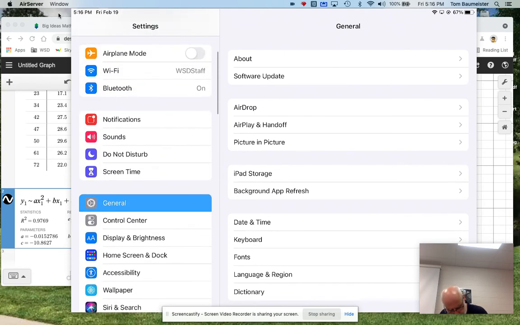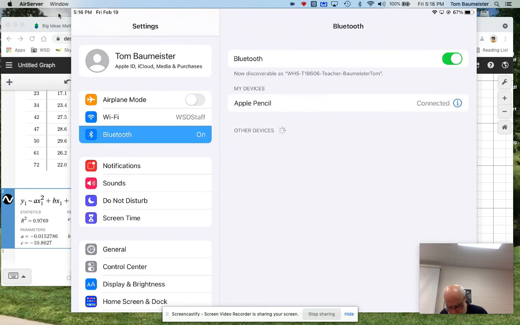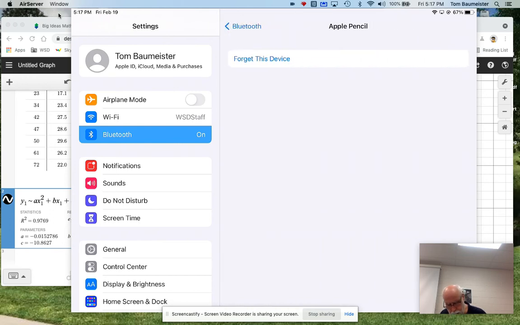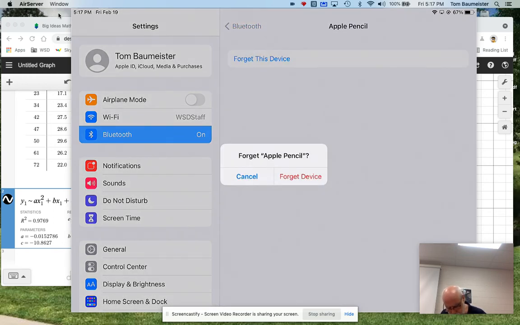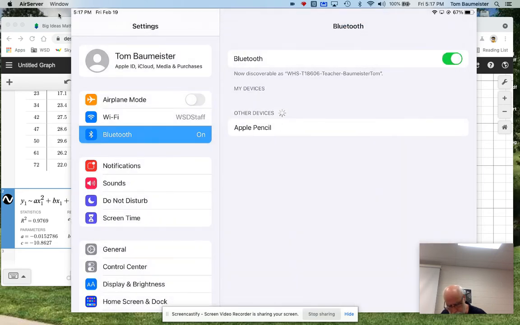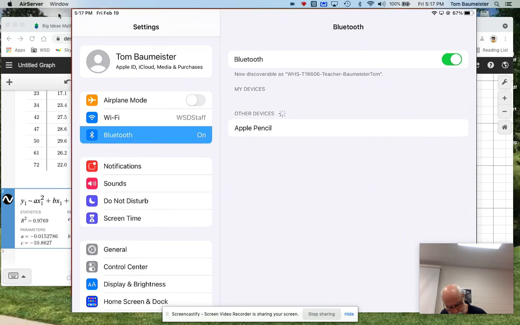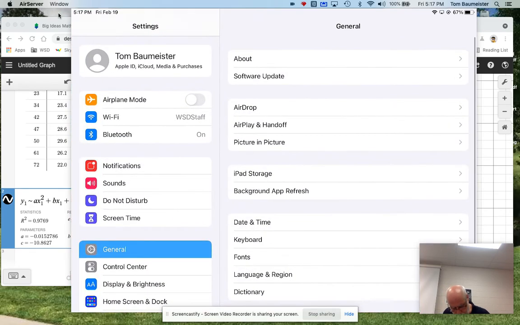So I need to go to my Bluetooth, disconnect my pencil. Come on, disconnect. There we go. So forget this device. Now I'm going to go and plug it back in.